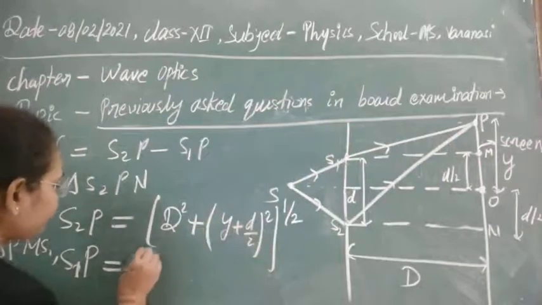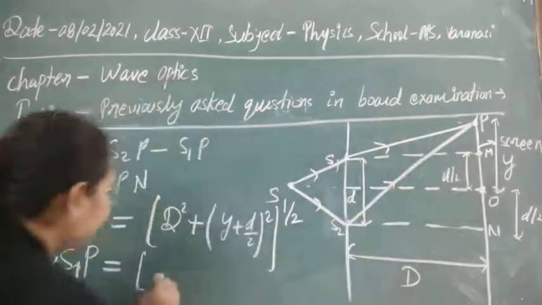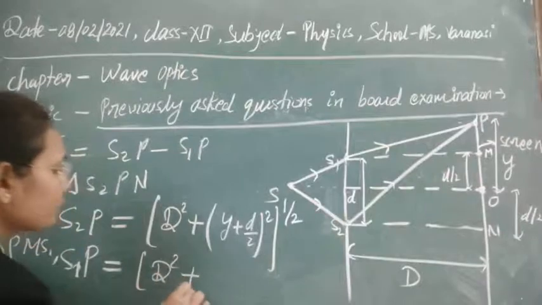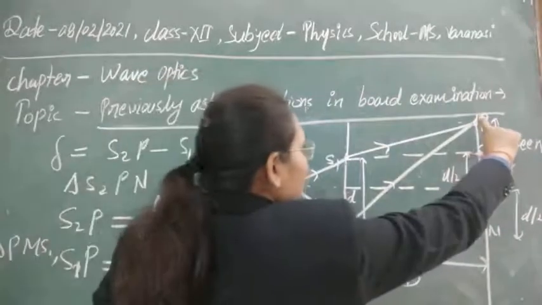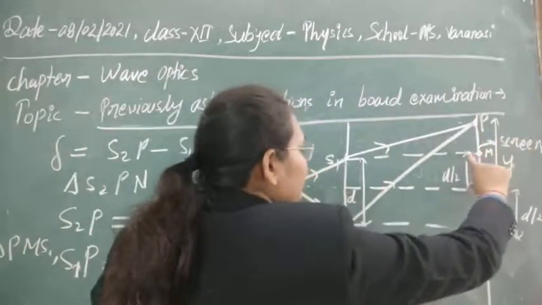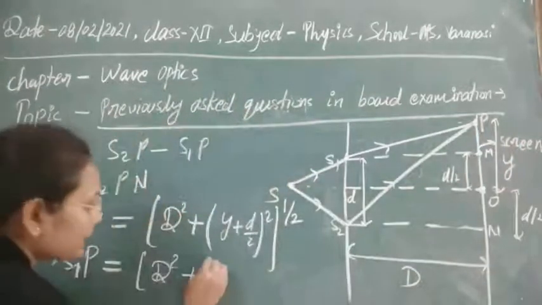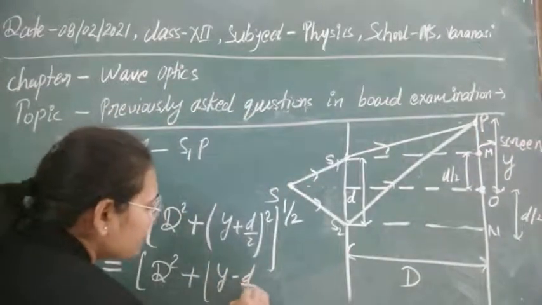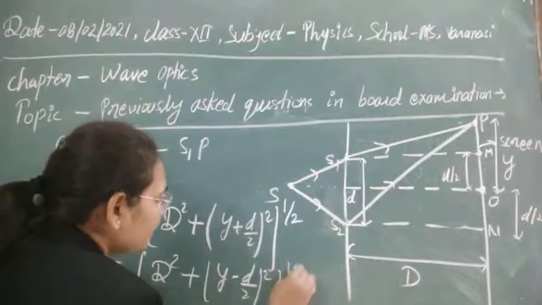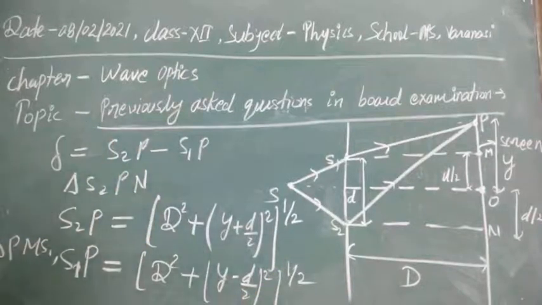S1M is the base, and this distance, if you see, is the whole y, and this is d by 2, so it will be y minus d by 2. So this is y minus d by 2 whole square, power 1 by 2. In this case we have just obtained these two values.